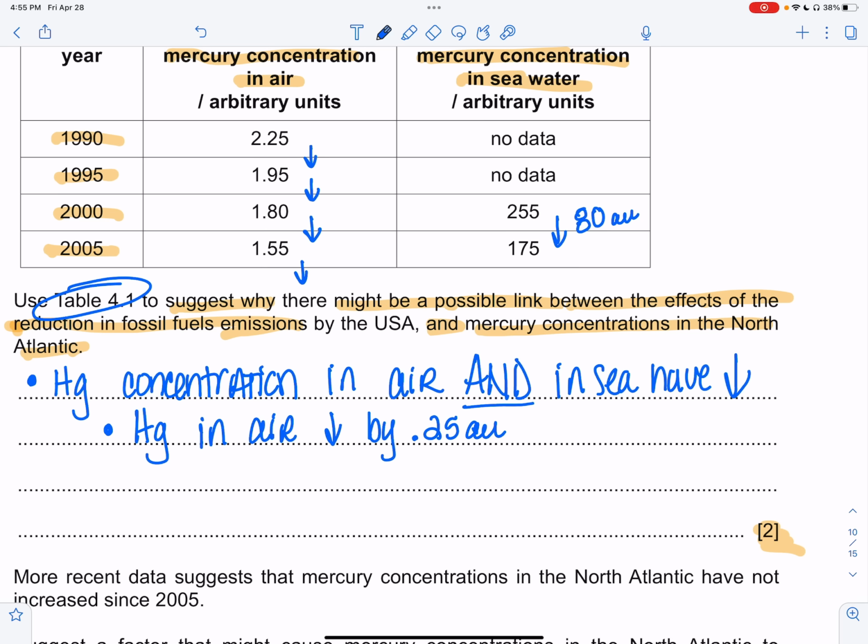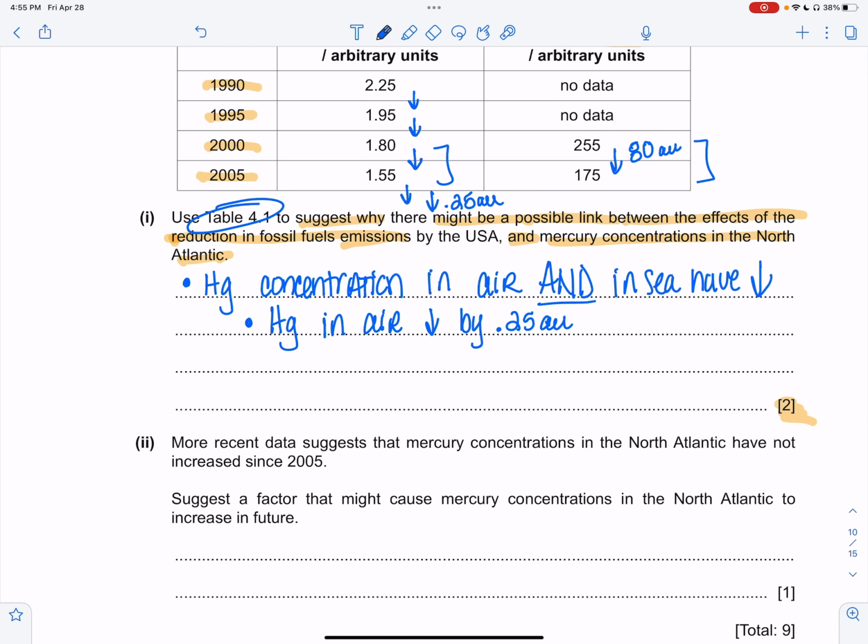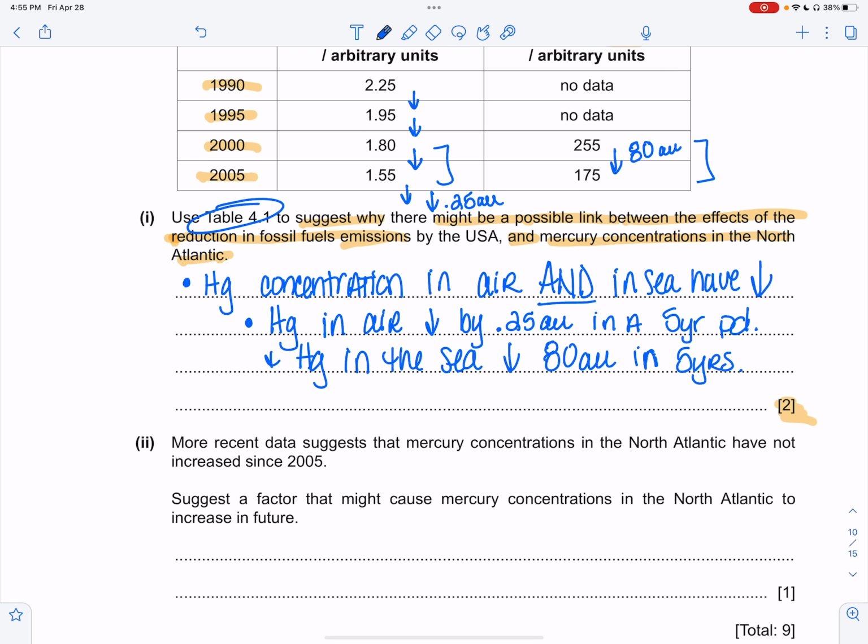So the 1.8 to 1.55, that is a reduction by 0.25, just in these years, in a 5-year period, and mercury in the sea decreased 80 arbitrary units in 5 years, or that same 5-year period.